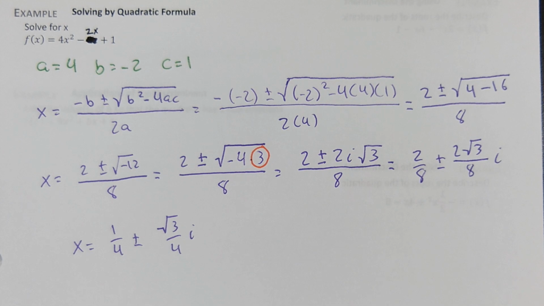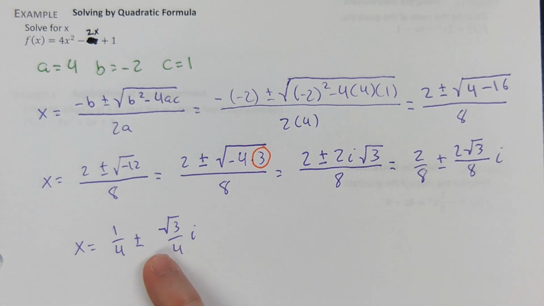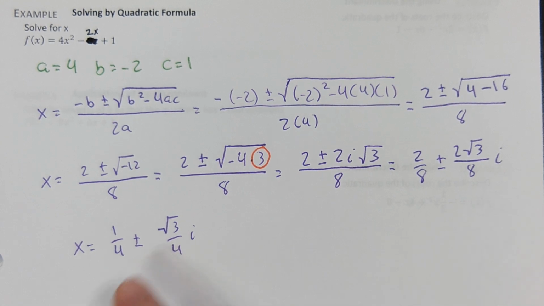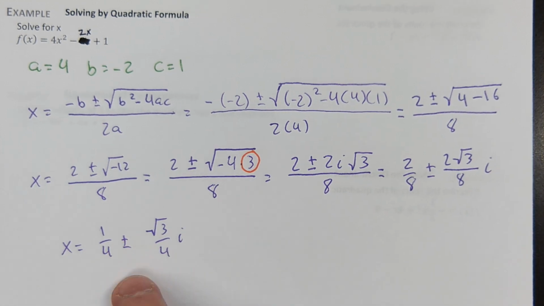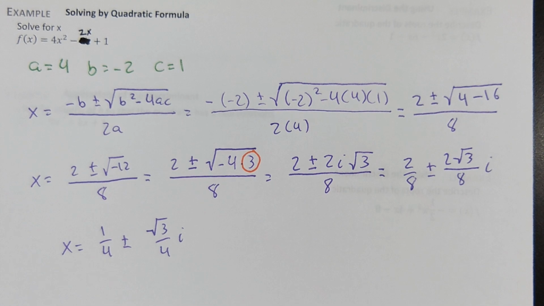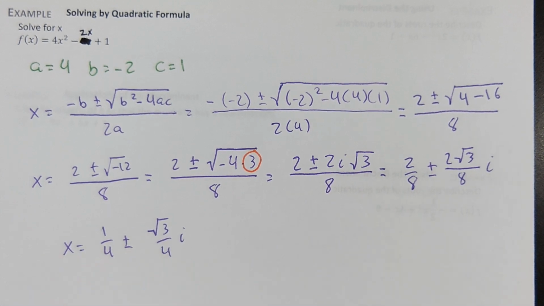But the moment your solutions are complex, you no longer have 4 equivalent statements, because I can't call these x-intercepts. By definition, they're not on the x-axis. I could still say it's a root, I could still say it's a 0, and I could still say they're solutions, but they are not x-intercepts. And technically, again, being very technical here, because they're complex, I should have said z equals.